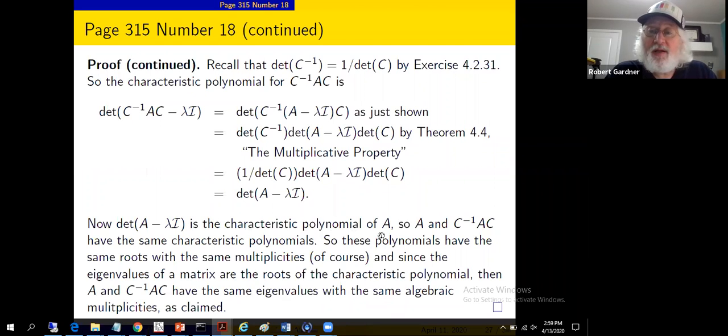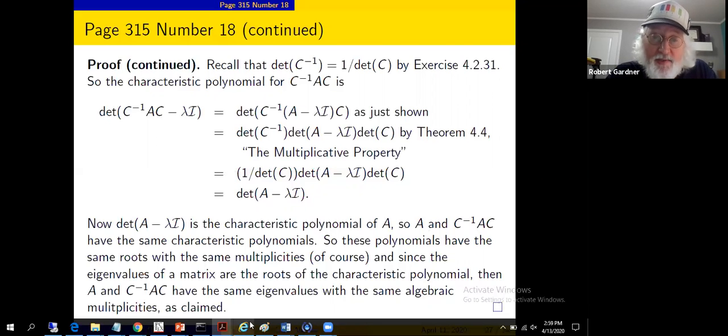The characteristic polynomial of A is the same as the characteristic polynomial of C inverse AC. This is what a matrix similar to matrix A looks like. Our definition had P's and Q's in it, so we're using A and C inverse AC. So we've got two similar matrices. They've got the same characteristic polynomial, so they've got the same roots, and they've got the same algebraic multiplicity of their roots.